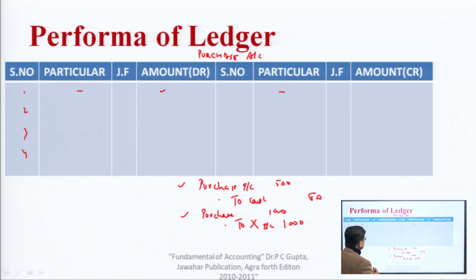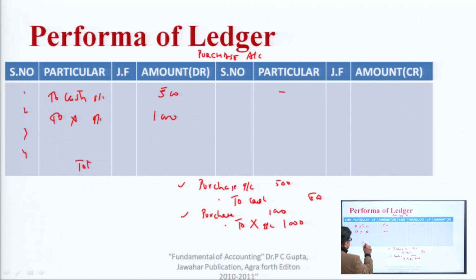Write down to cash, amount must be 500, and to X, amount must be 1000. Okay, that is it. Now, it can go on like this.